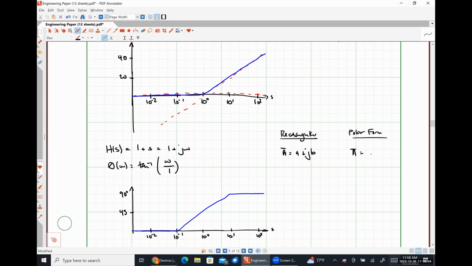A is the magnitude of A, angle theta A, where the magnitude of A is equal to the square root of a squared plus b squared. And theta A is the inverse tangent of the imaginary part of A over the real part of A. So all we're doing that's different is saying now this depends on frequency. That's it.